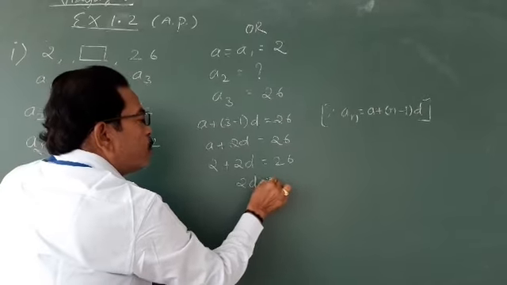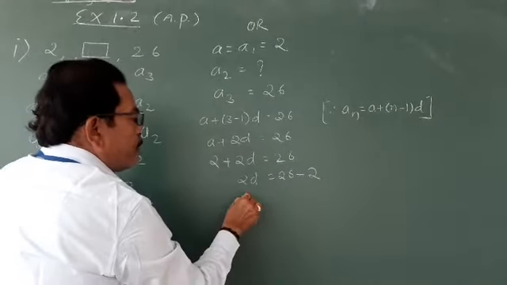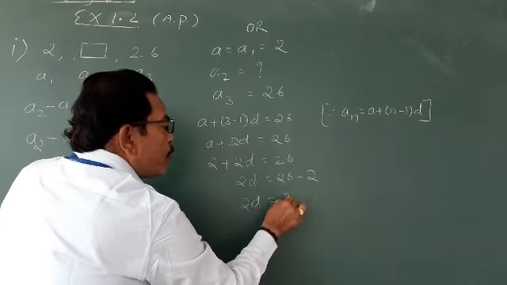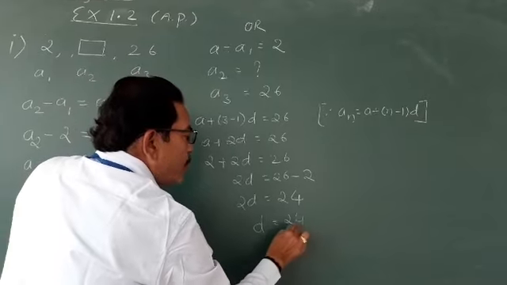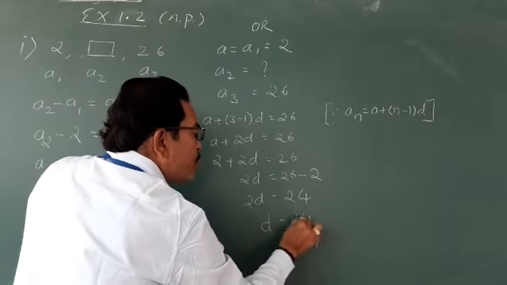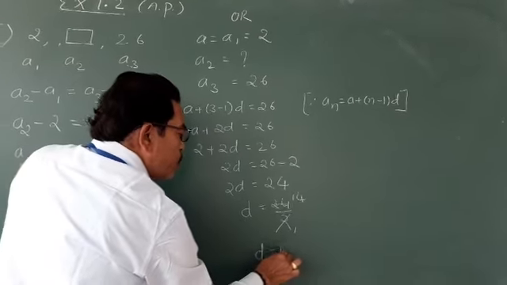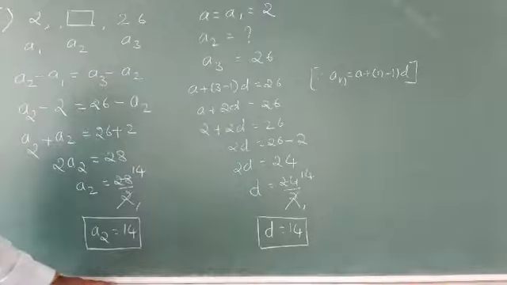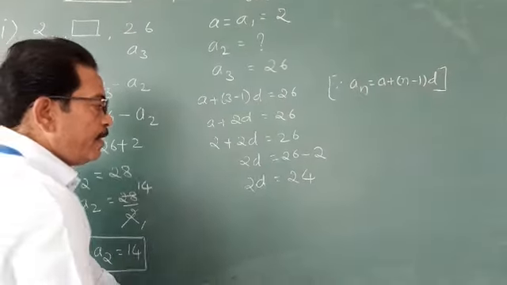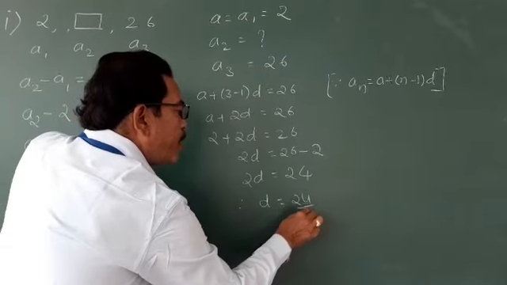2d equals 26 minus 2, that is 2d equals 24. Therefore d equals 24 divided by 2.